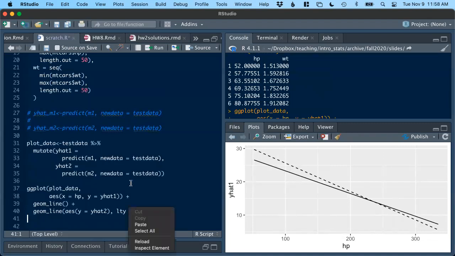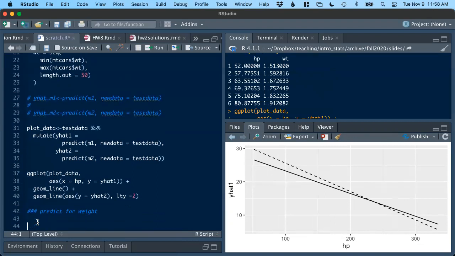Now, let's set up to predict for weight. What's the prediction for weight going to look like in model 1 if we hold horsepower constant? It's going to look like a straight line, right? If horsepower equals 150, weight is in the set, I don't know, 1 to 6.